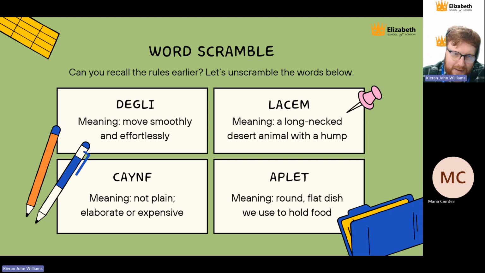Now, I think we should be able to get the next one. So it is L, A, C, E, M, and it means a long-necked desert animal with a hump on its back. Okay, so you're looking for an animal that has a hump on its back.